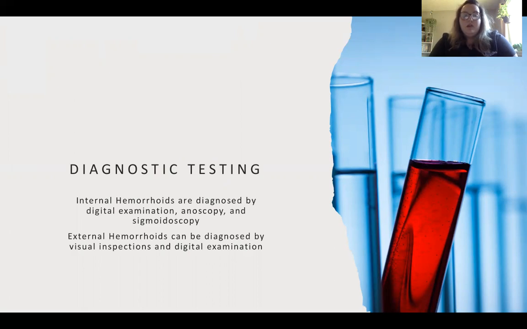They can be diagnosed with digital examination, an anoscopy, and a sigmoidoscopy. The external hemorrhoids can be diagnosed, obviously, by seeing them, visualizing them, and with a digital examination.